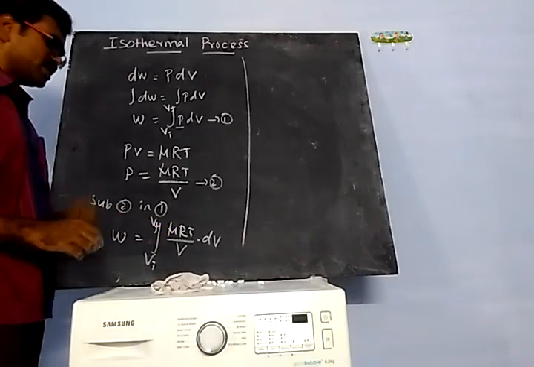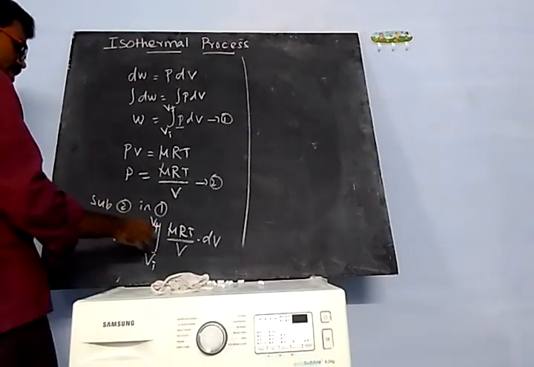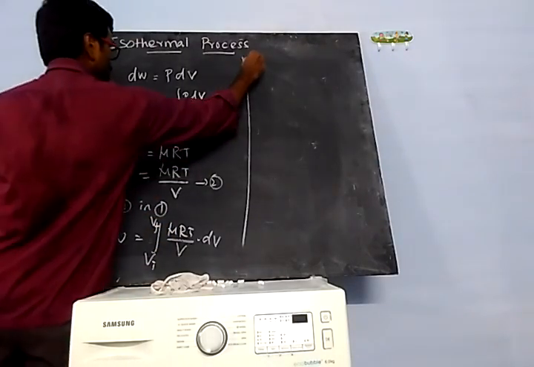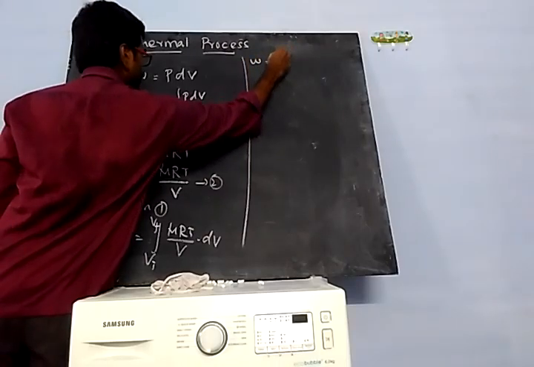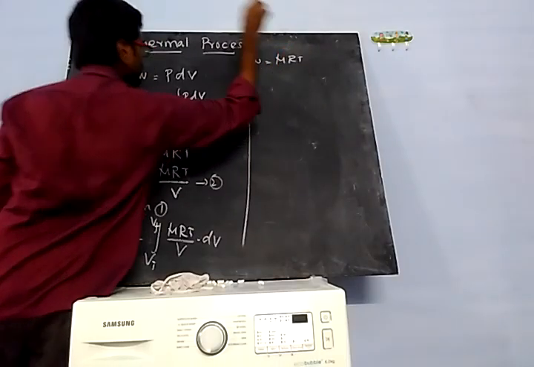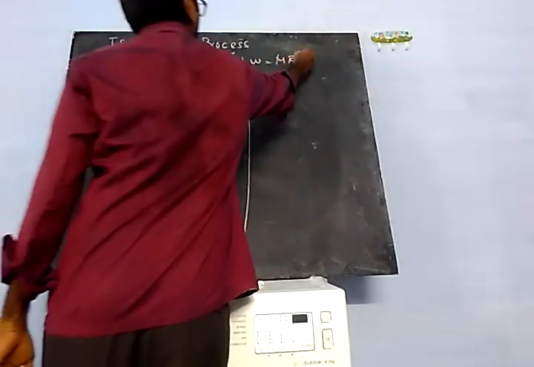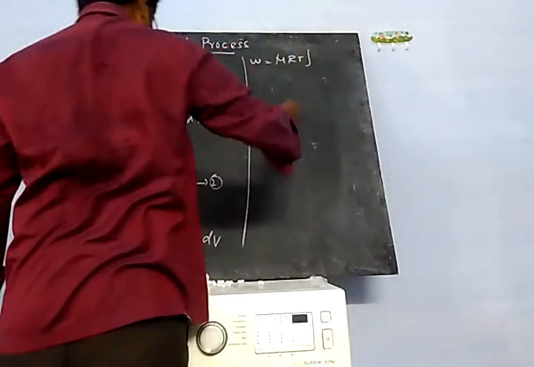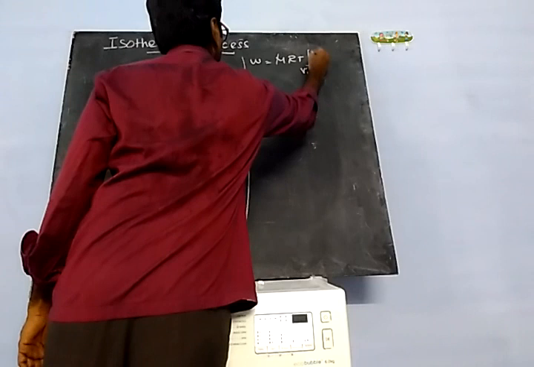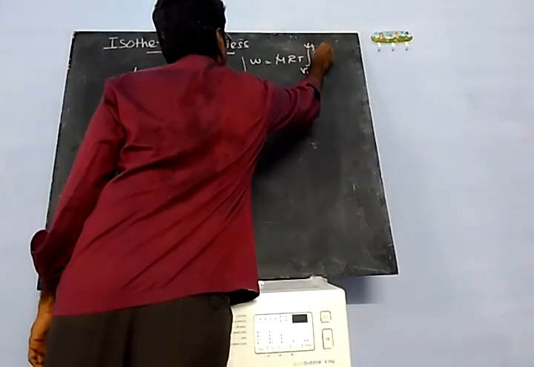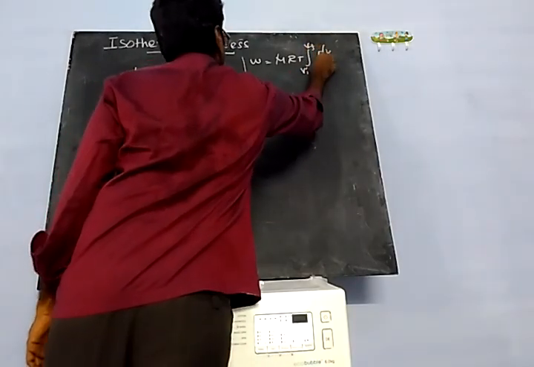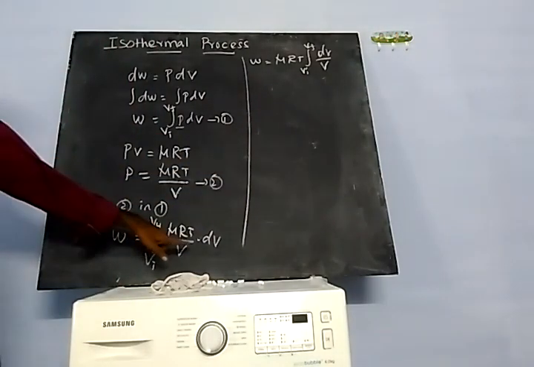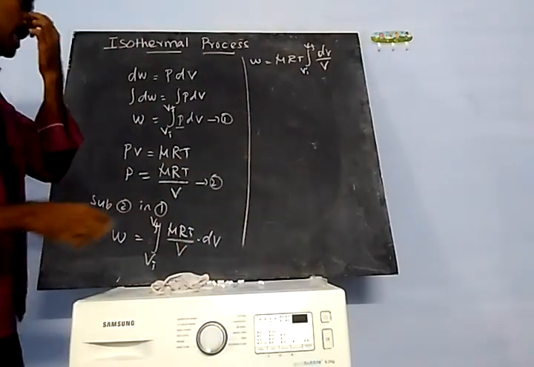Then mu RT is a constant, so you can take it out of the integral. So W is equal to mu RT times the integral from VI to VF of dV by V.